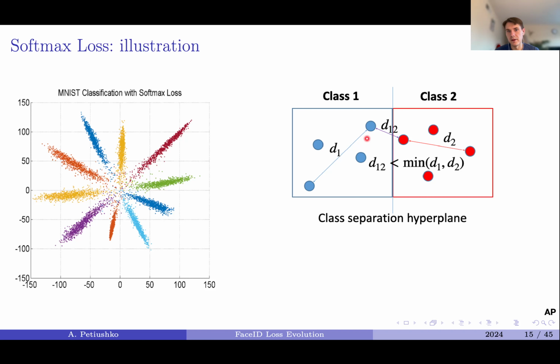The biggest intra-class variations here are d1 for the blue class and d2 for the red class, but the minimal distance between examples of the two different classes is d12, and you can see here that d12 is less than the intra-class variations, or the minimum of d1 and d2. And this is the softmax separation hyperplane. So this is the problem.